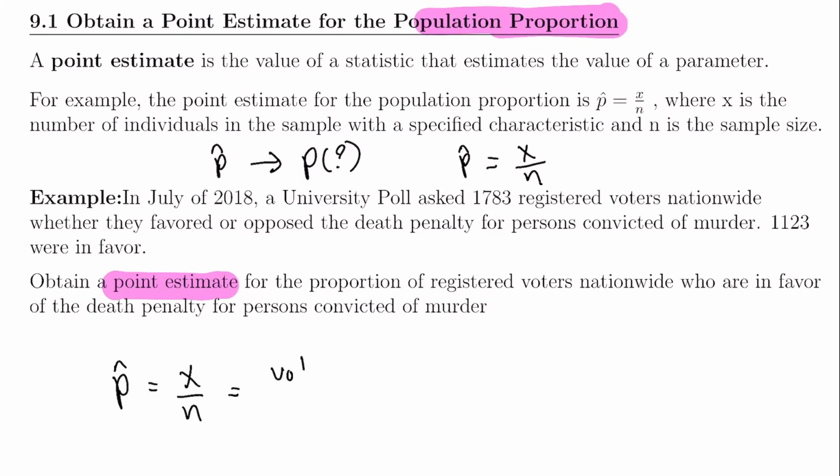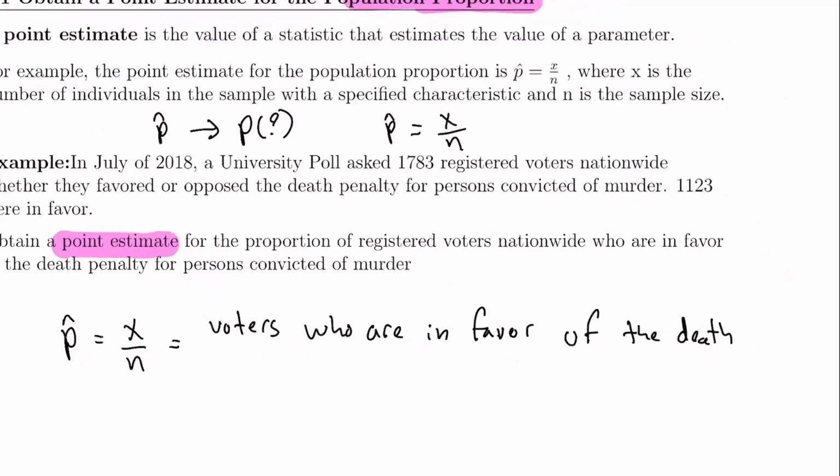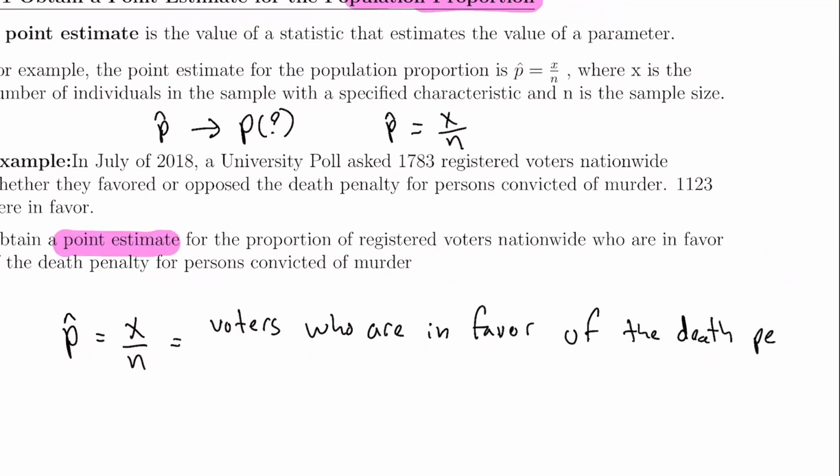So x is the voters who are in favor of the death penalty. That would go on top.